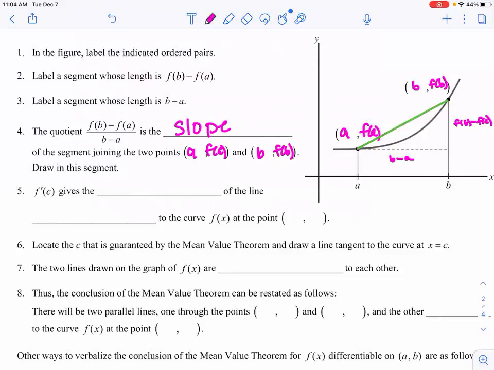All right, let's focus. f prime of c gives the slope of the tangent to the curve at c, f of c.